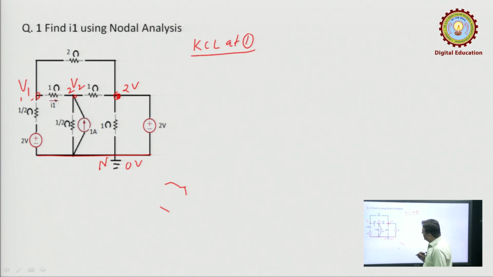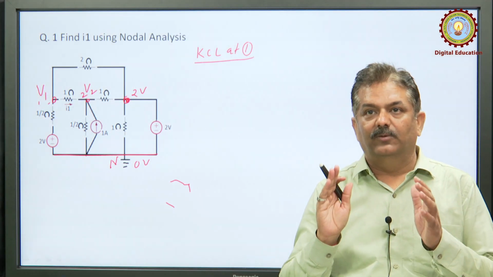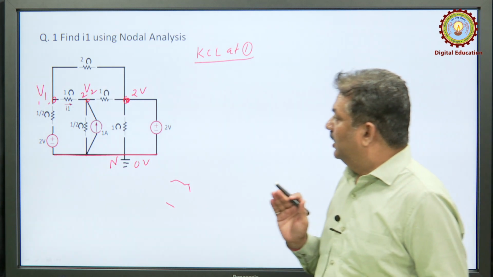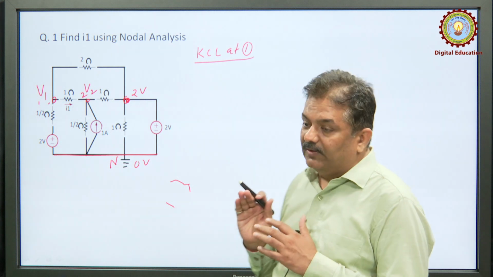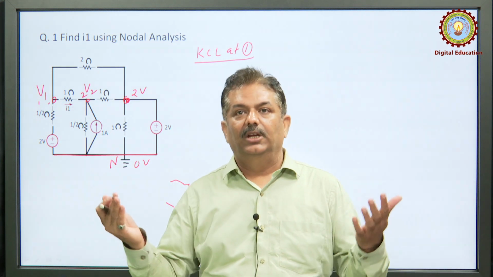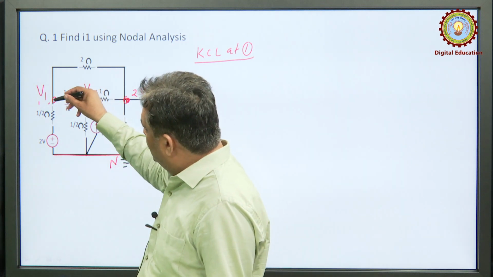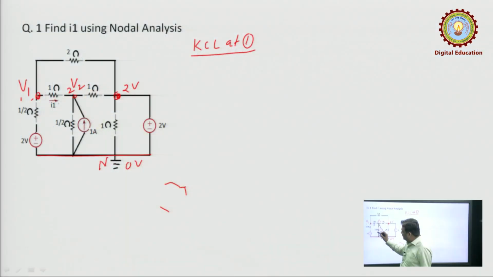While writing the KCL at node 1, you need to keep one important thing in mind. We will assume node 1 voltage as greater than all other voltages, and the sign convention that we will follow is outgoing current positive, incoming current negative. Now, the current in this branch: the voltage of this point with reference to the datum is 2 volt.